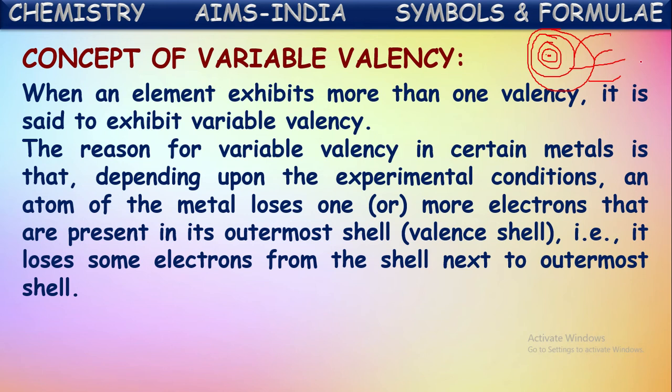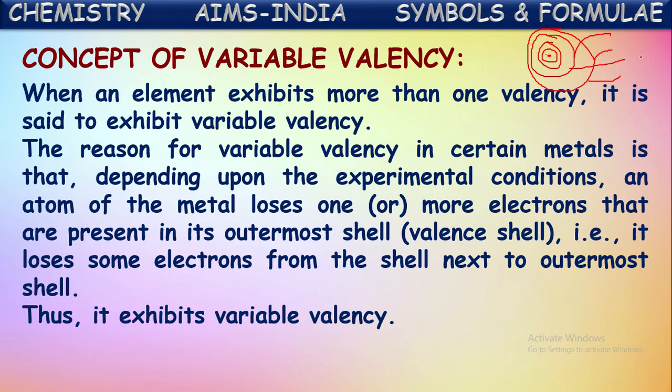Then they exhibit another kind of valency. In that way, these elements can show more than one valency based upon the experimental conditions. So these elements are called variable valent elements, and they exhibit variable valency.